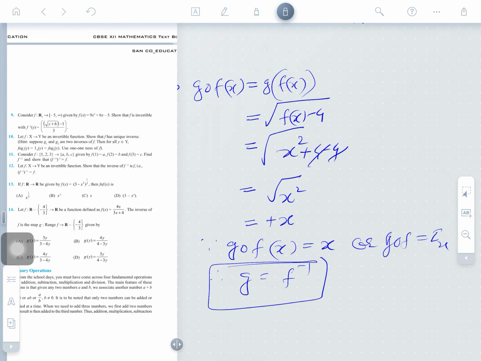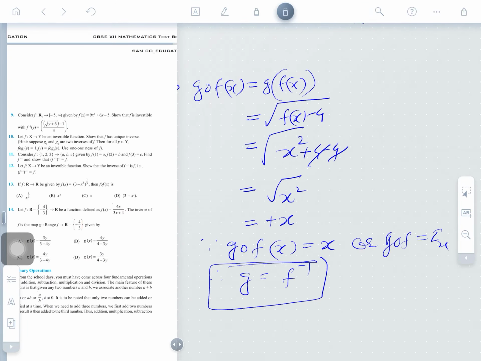How can this be? So y plus 5 is there, and here 9 minus x square, but this is too difficult. How can you bring x here? So bringing x is too difficult here. So there is another thing here, directly we can achieve this here, so there is no need to prove this again.